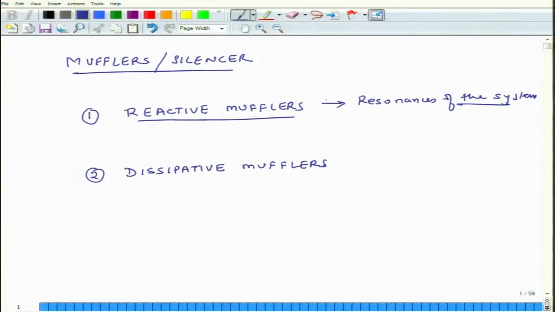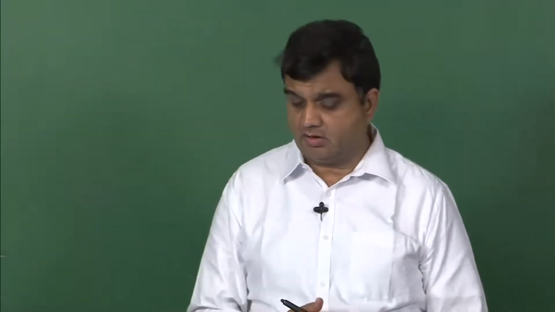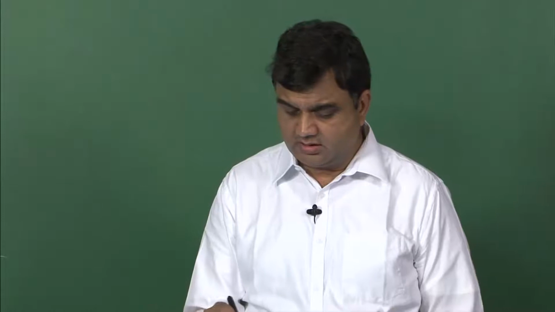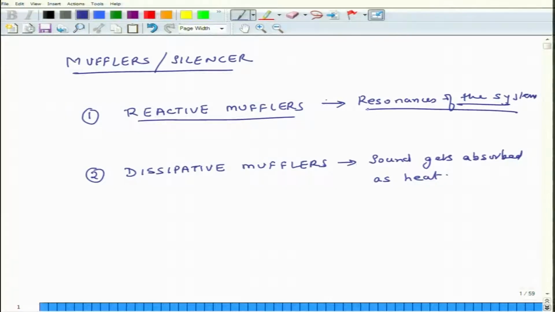So, these are reactive mufflers, and in dissipative mufflers what happens is that sound gets absorbed, and it gets absorbed as heat. So, in reactive mufflers we are relying on reflections and or sucking in of the energy in a particular direction or diverting the energy at a particular frequency in a different direction than the normal path. So, these are reactive mufflers and they work particularly well around their resonance points.